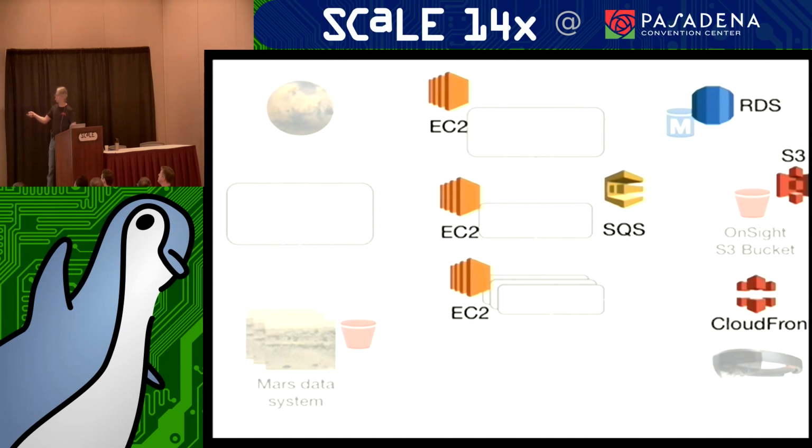We use S3 to store the results of our builds. And CloudFront is Amazon's content distribution network. So CloudFront takes the files that we put into S3 and then pushes them out to data centers that are geographically closer to our end users so that they can experience faster download times.